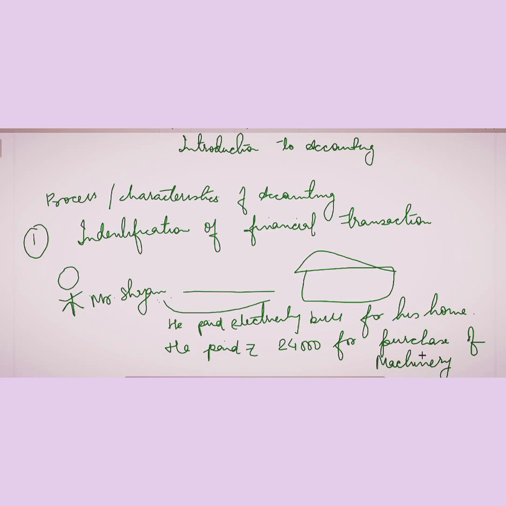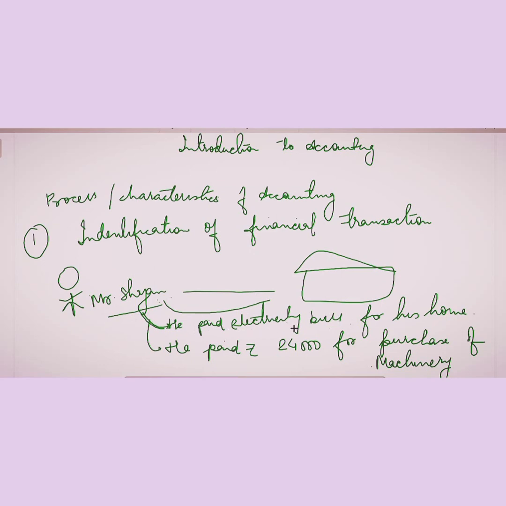Okay, so now here in the first step we have to understand what is a financial transaction and what is not. So here we see that first of all he paid an electricity bill for his home, and he paid 24,000 for the purchase of machinery. So financial transactions are those transactions which are related to the business, which we invest in business. So here Mr. Shyam paid for his home, the personal expense.